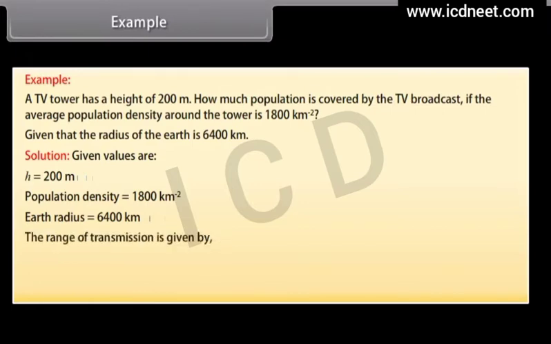The range of transmission is given by d equal to square root of 2hR. Now, put the values and calculate. We get the value of d equal to 5.06 × 10^4 meters. Area covered by transmission is equal to πd².